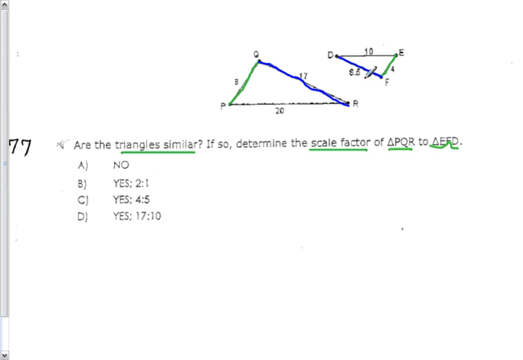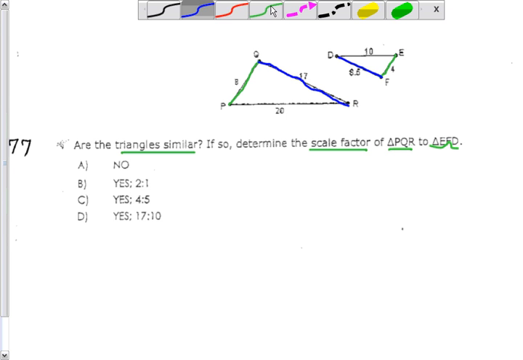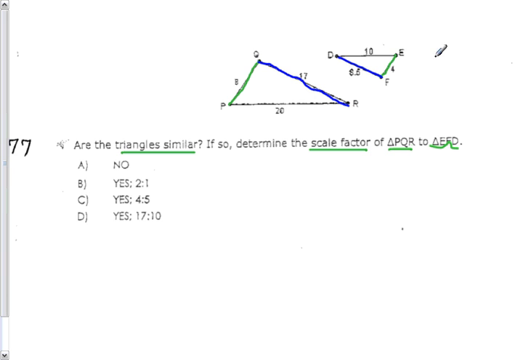So this is 8.5, and 2 times that would be 17. So our scale factor of 2 is still holding true. As we marked, EF is 4, PQ is 8, so PQ is twice EF, and QR is twice DF. So far so good.